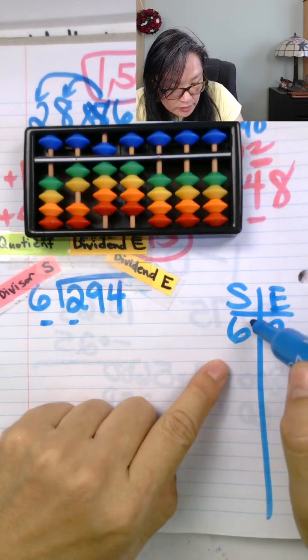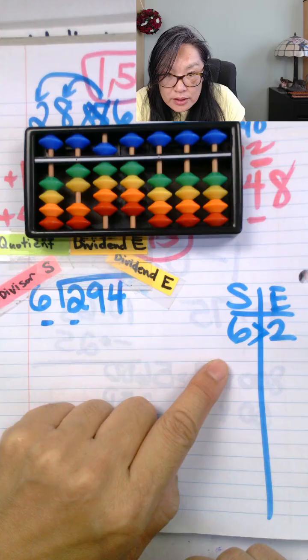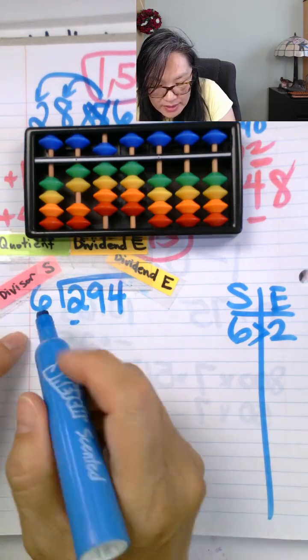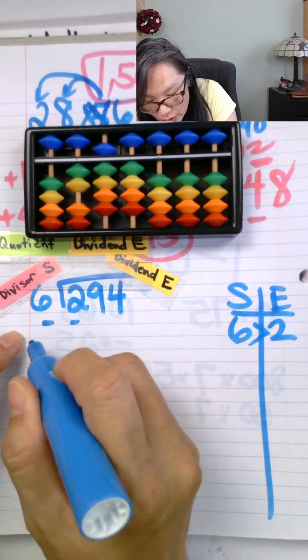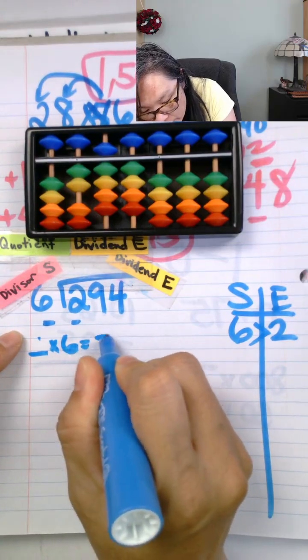Our 6 is bigger. So what's going to happen is I'm going to set up my question. I know it's going to be what times 6 is equal to 2?